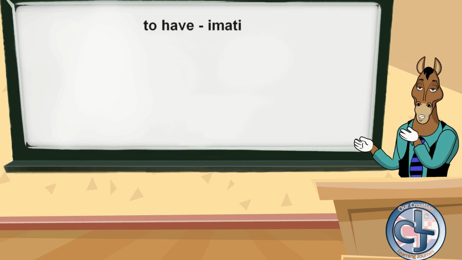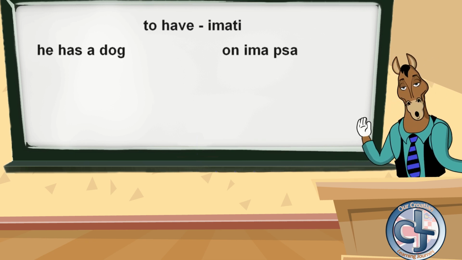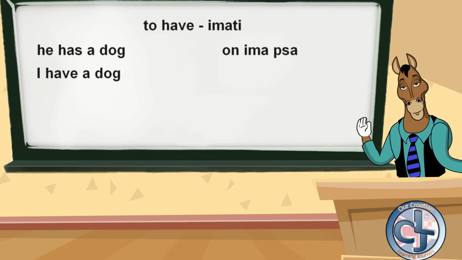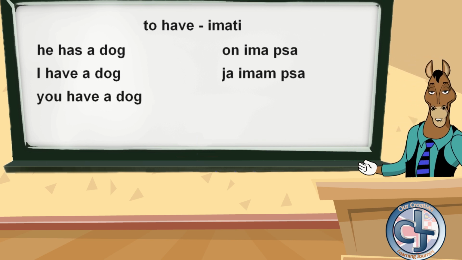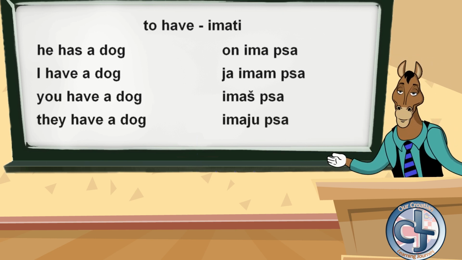So, to have, which is imati. With the subject, he has a dog, on ima psa. I have a dog, ja imam psa. And without the subject, you have a dog, imaš psa, and they have a dog, imaju psa.